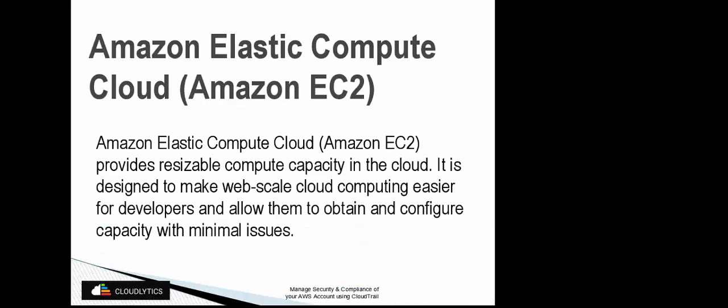Suppose, let's take an example of your EC2 instance. An EC2 instance is a very integral part of your infrastructure. You can use it for your development purposes. You may use it in your production servers. So you would actually want to know the activities that are being done related to your EC2 instance.